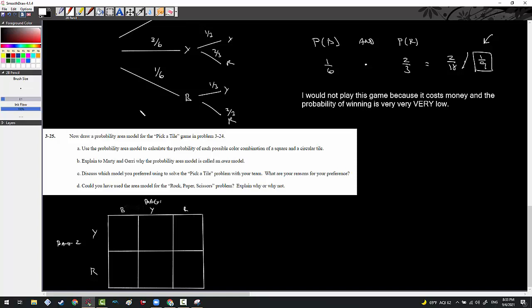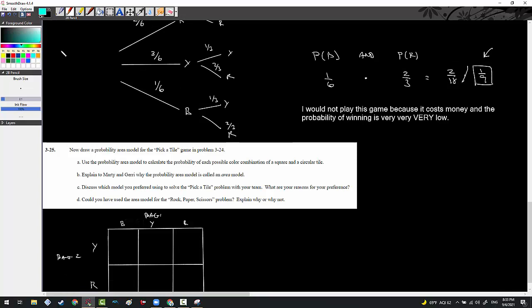So what I'm going to do is put the individual probabilities next to them. I've got to refer back to the chart for a little bit. So red was 1/3, yellow was 1/2, and blue was 1/6. I'm reducing the fractions just because it'll help me when it comes to multiplying. So from here, this is a 1/18th chance, a blue and a yellow.